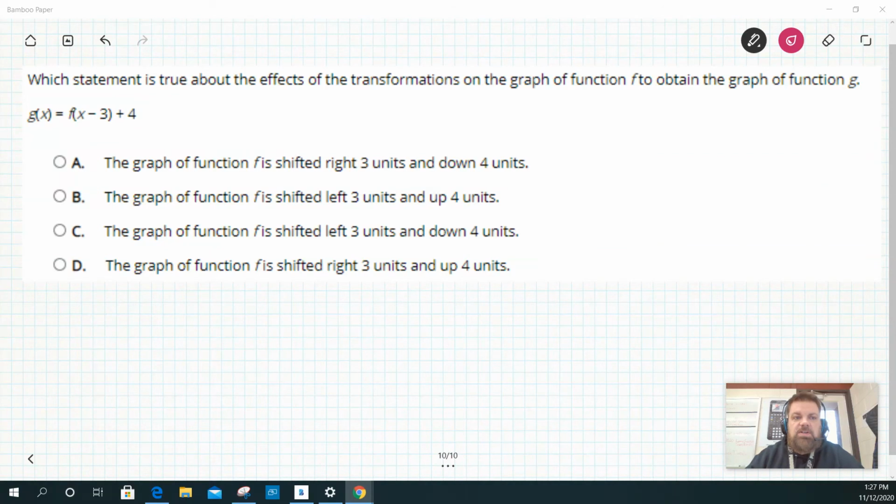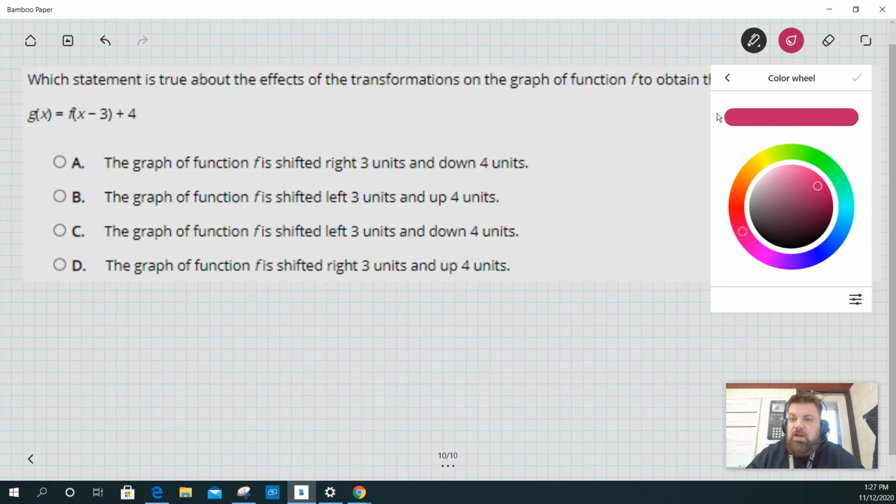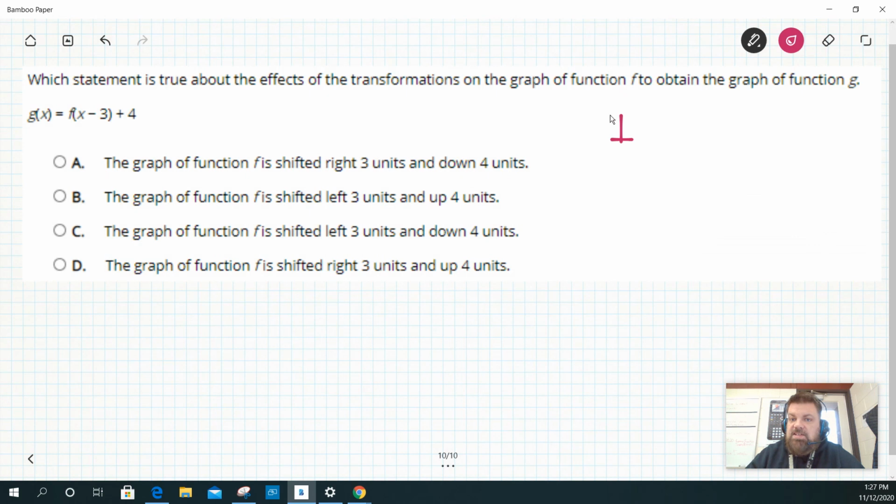Okay, so it says, which statement is true about the effects of transformations on the graph of f to obtain the graph of function g? So there's a couple of things. If it's inside the parentheses, and I mentioned this in the other examples, like x minus a, then this is what we call a horizontal translation.